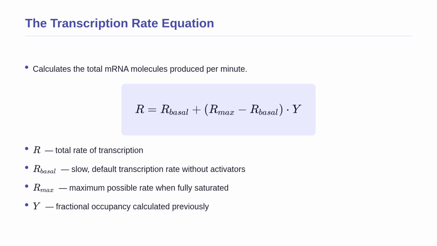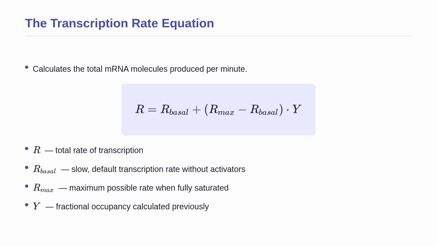This linear relationship is captured perfectly by the transcription rate equation. The formula is R equals R basal plus the difference between R max and R basal multiplied by Y. Let us break down these symbols. R is the total rate of transcription, meaning the number of messenger RNA molecules produced per minute.